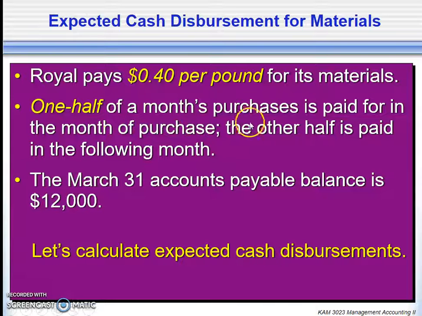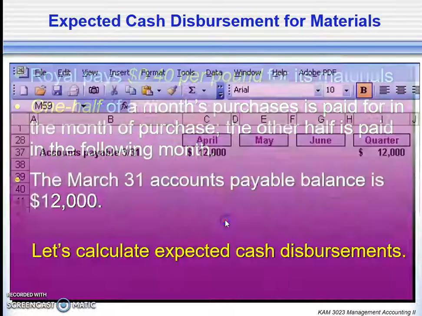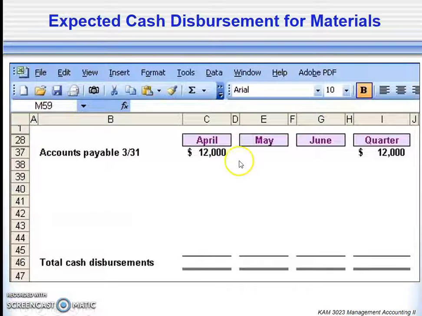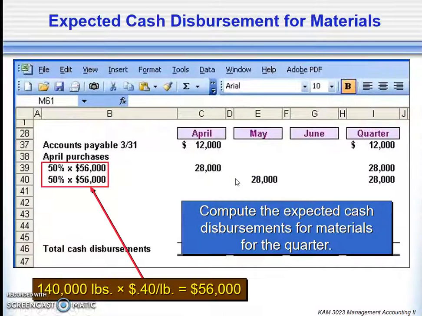One half of a month's purchases is paid in the month of purchase, and the other half is paid in the following month. On 31st March, the accounts payable balance is $12,000. Let's calculate the expected cash disbursement. Accounts payable 12,000.